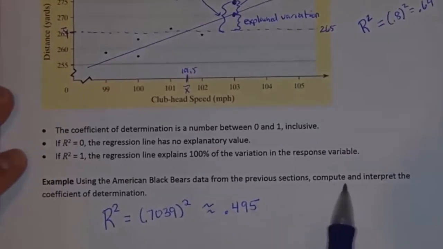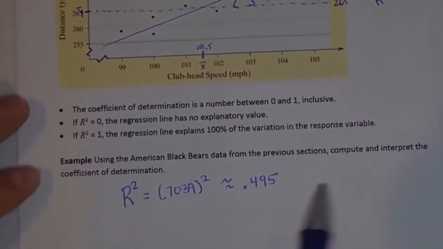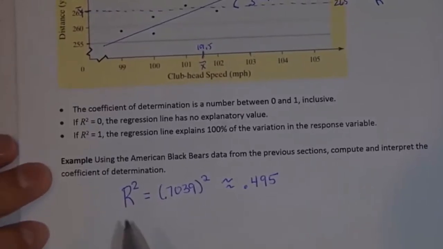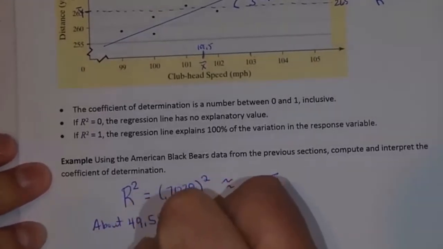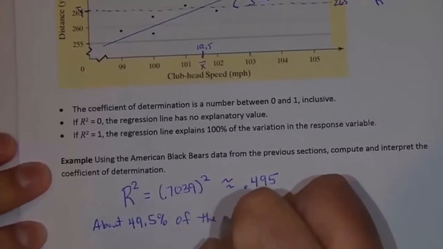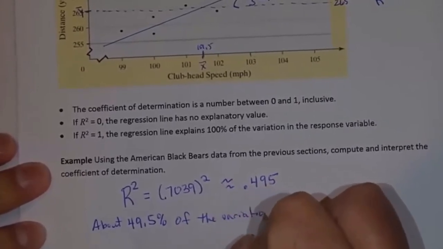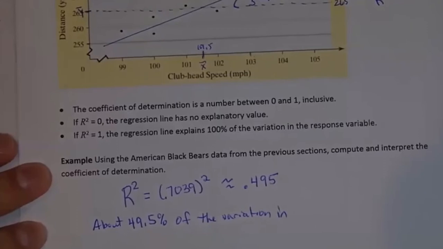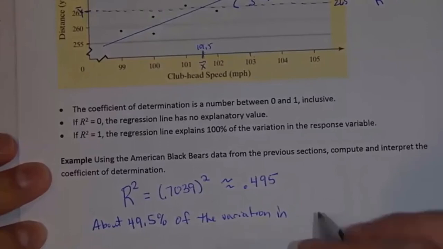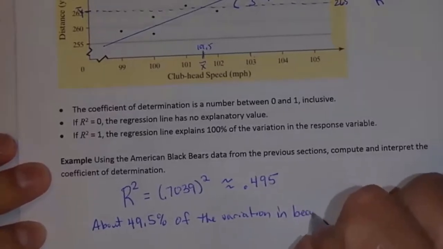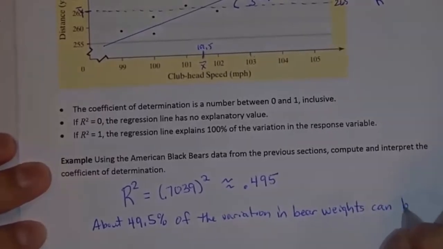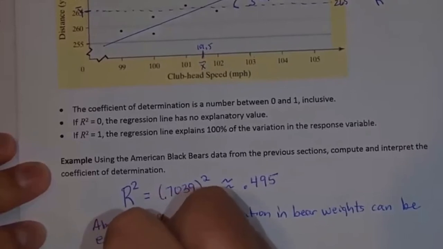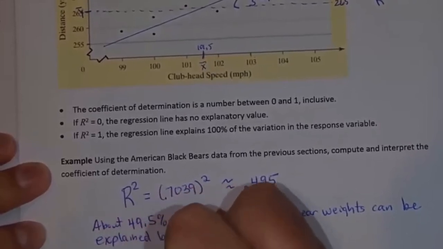So I've computed it. Now I need to interpret it. So what does that mean? This means that about 49.5% of the variation in the response variable, which is for the bears, the weights. So about 49.5% of the variation in bear weights can be explained by the regression line.